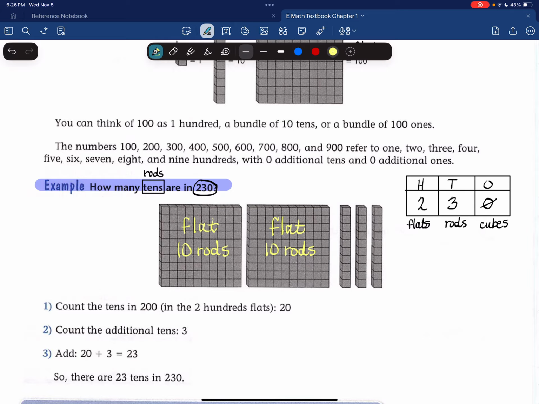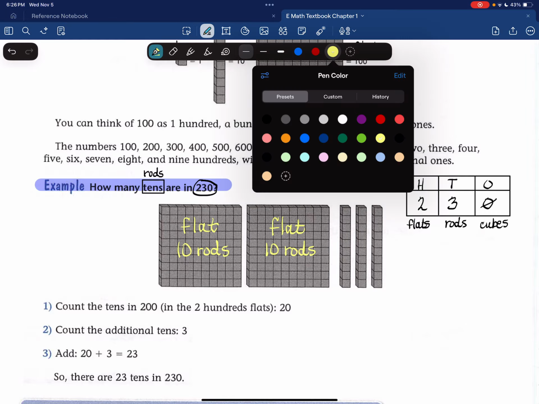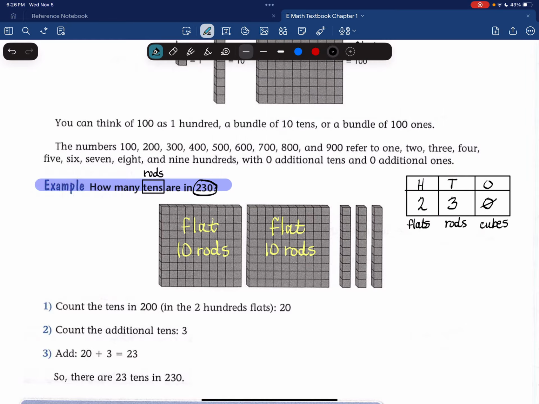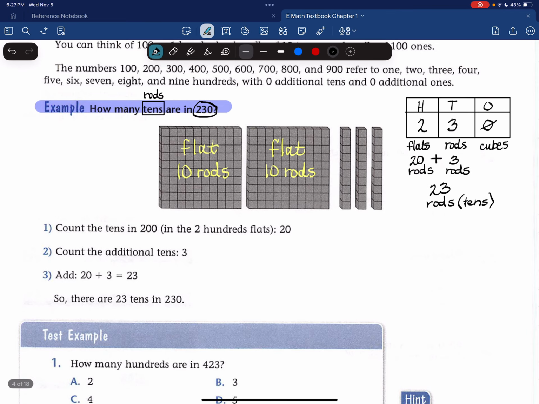So the answer to this question, a lot of people will tell me it's 3 because they're just looking at the rods. But you have to remember that those big flats are bundled rods. So you actually have 20 rods here plus 3 rods here. So there are a total of 23 rods or 23 tens in this model. So our answer should be 23.